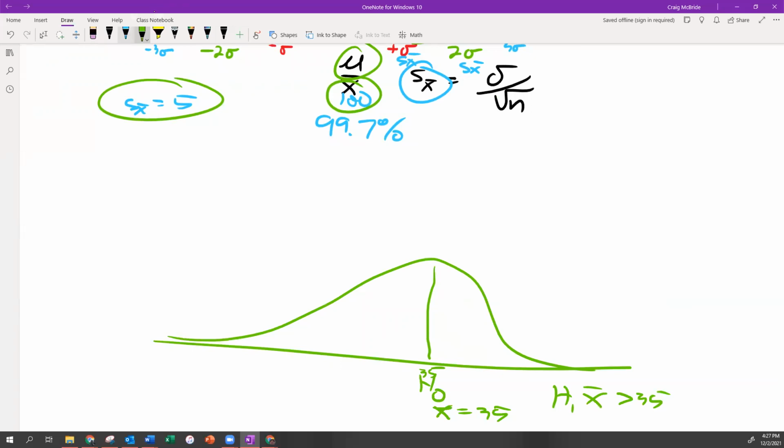So then we go out and take our sample and calculate the mean of our sample, and it turns out that the mean of our sample is right here, let's say 40.